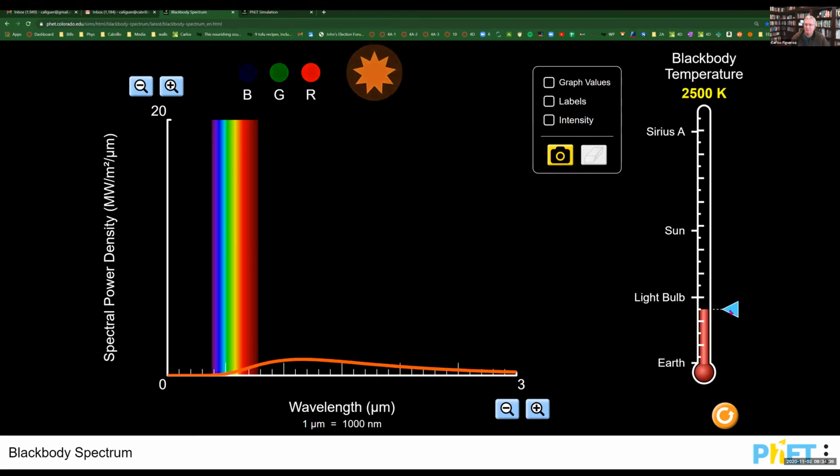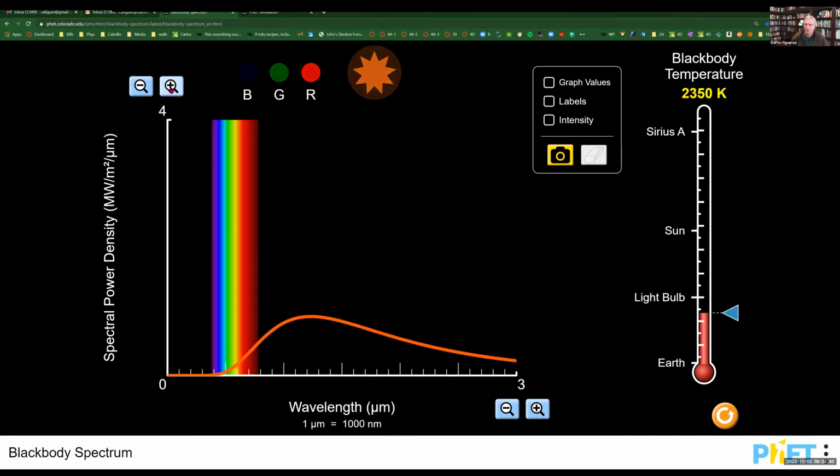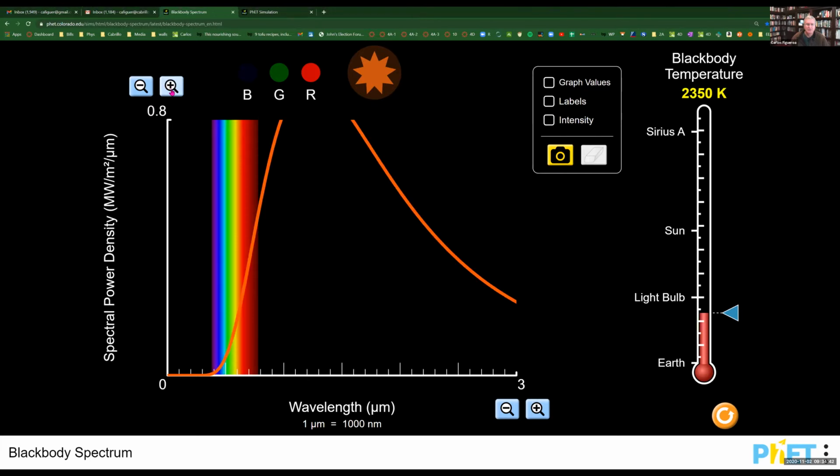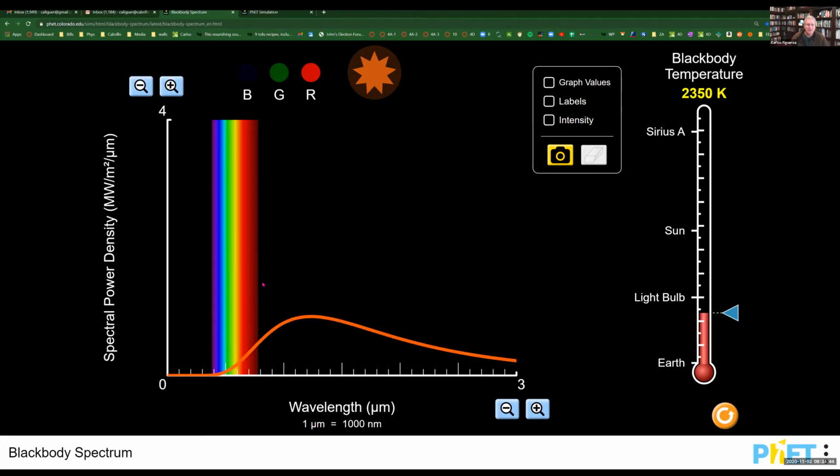It's actually going to be further down. But if I increase the intensity, look at the peak on this guy. If this is a scale of 4, and the temperature looks like it's around 2300, 2400 K, that's still not a hot plate actually.